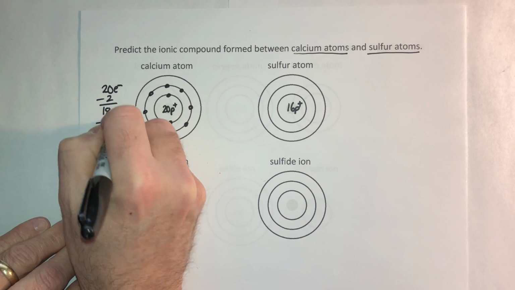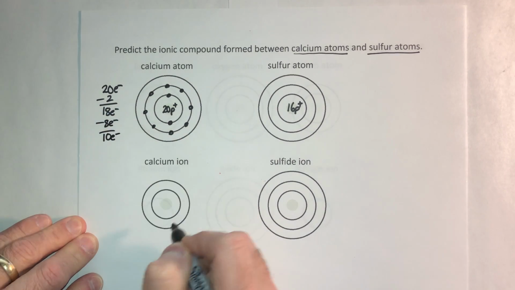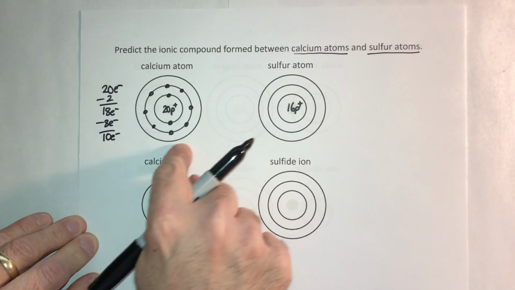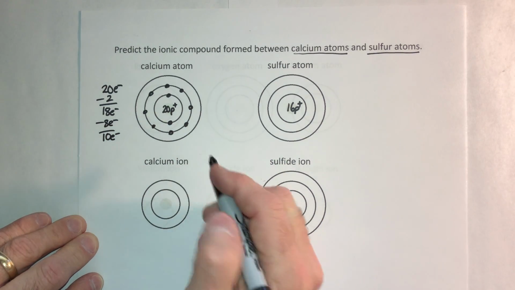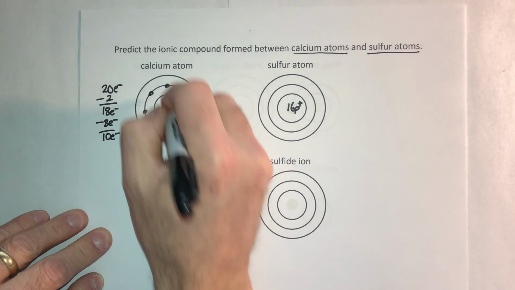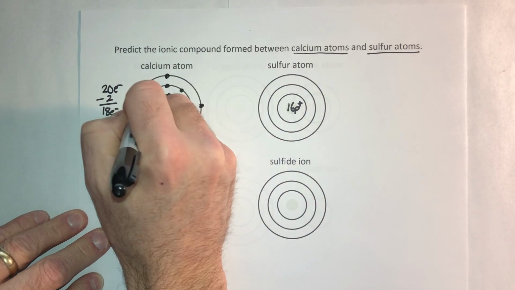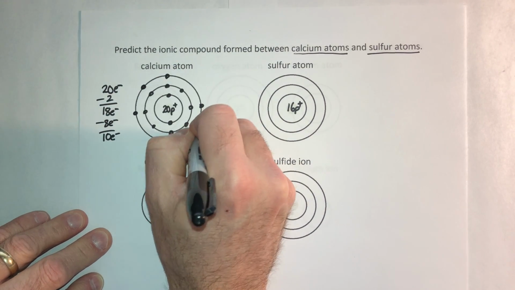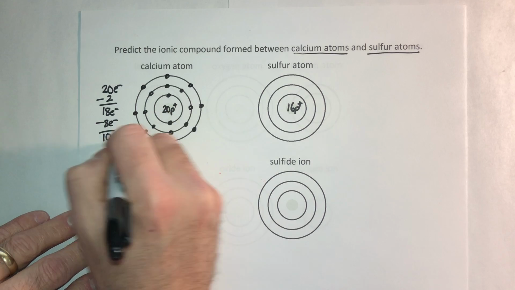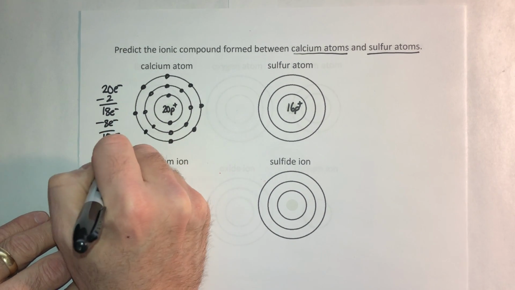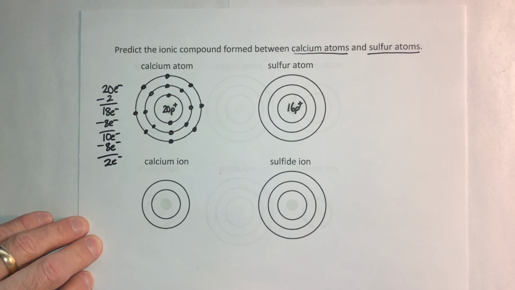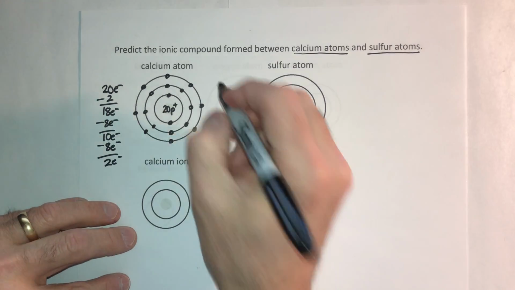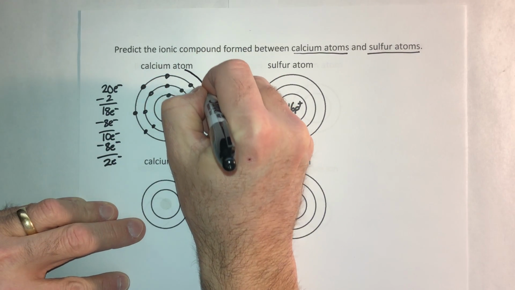That's another 8 electrons, so I'm down to 10. The third ring can hold 8 electrons, so let's put 8 electrons there. 1, 2, 3, 4, 5, 6, 7, 8. Now, you still got 2 electrons left over, and I've run out of rings. So maybe let's just sketch in one more ring.